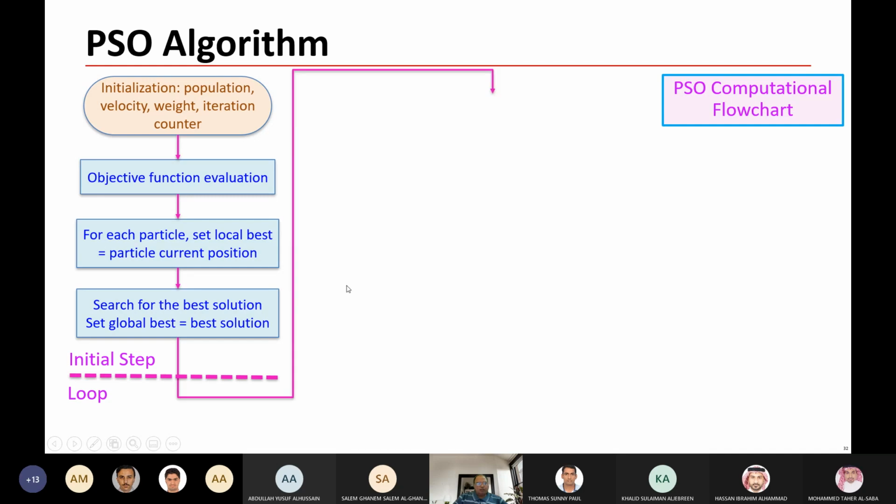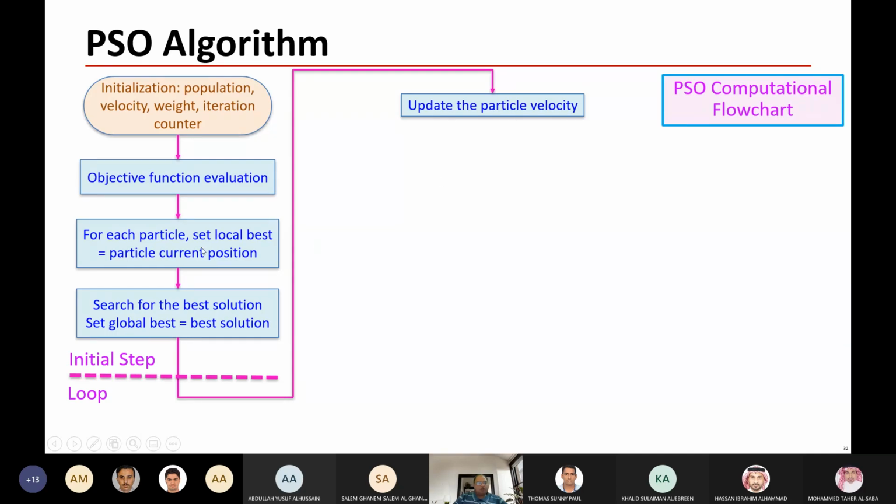After doing this, we will go to update the particle velocity. We define the local best and the global best, and the velocity is there, and the weighting is there. You can update the particle velocity with the three terms that we have. The first term depends on the earlier velocity.